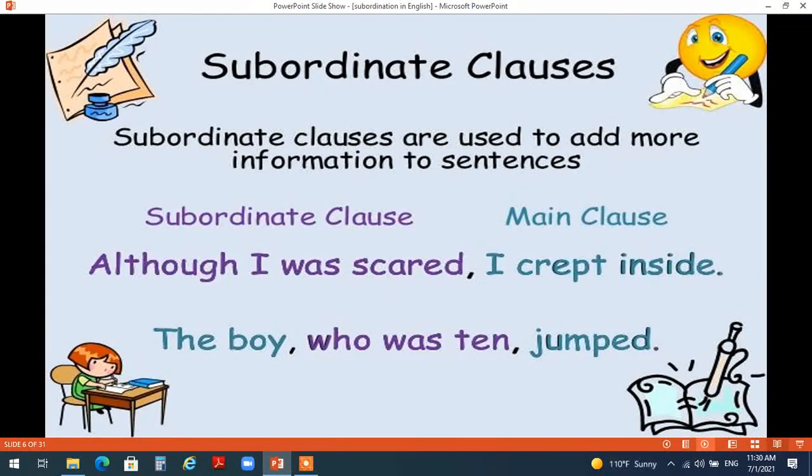As you can see in the example, although I was scared, I crept inside.